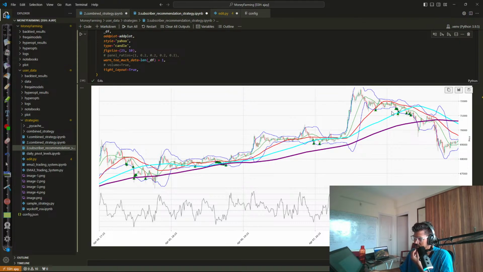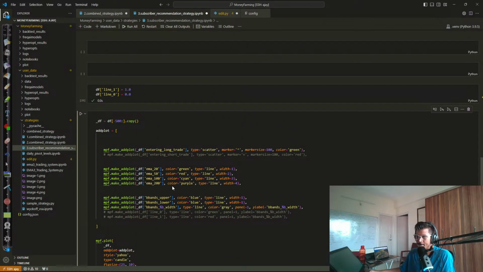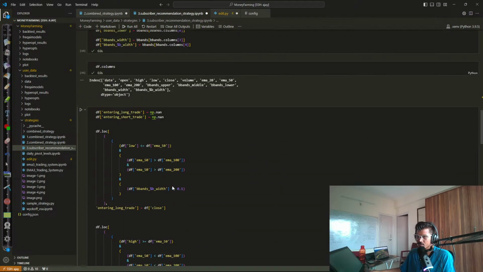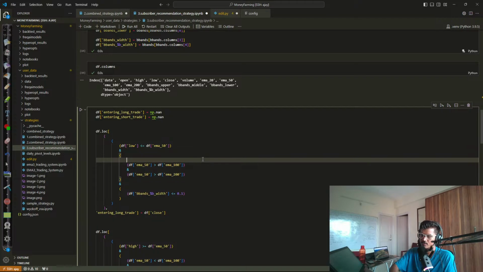I think one condition can also be made, that EMA 20 should be above EMA 50, right? That will reduce a lot of the noise as well.